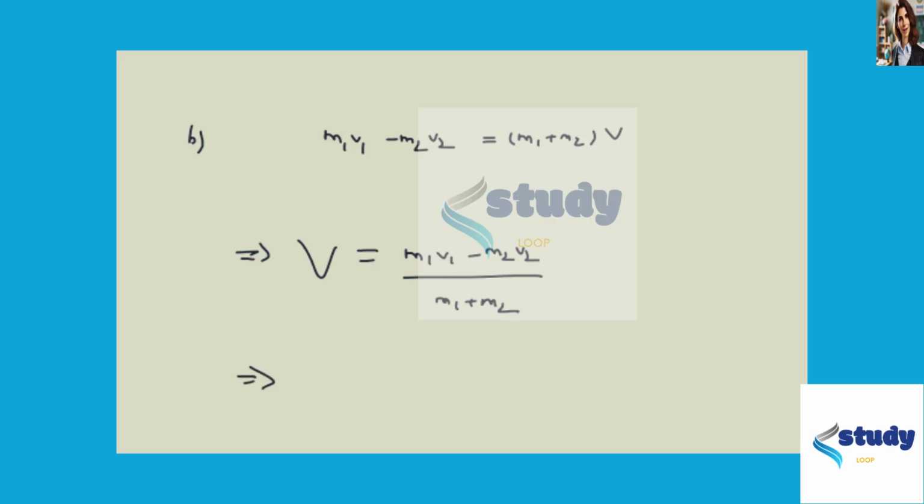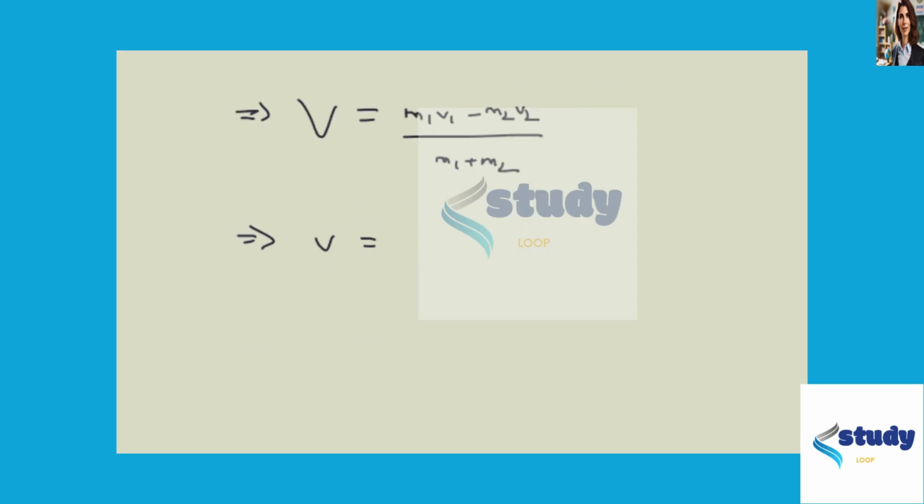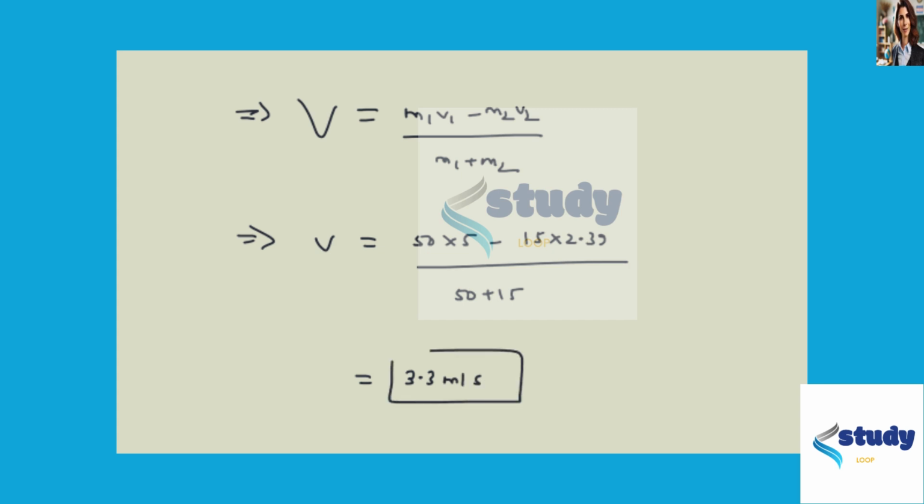On further simplification, you can write v is equal to 50 multiplication 5 minus 15 multiplication 2.39 by 50 plus 15. So it will be equal to 3.3 meter per second as the speed of the car.